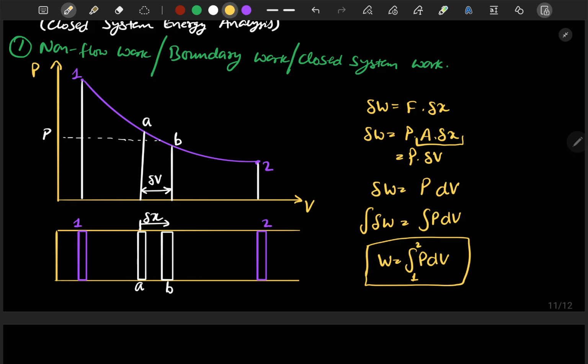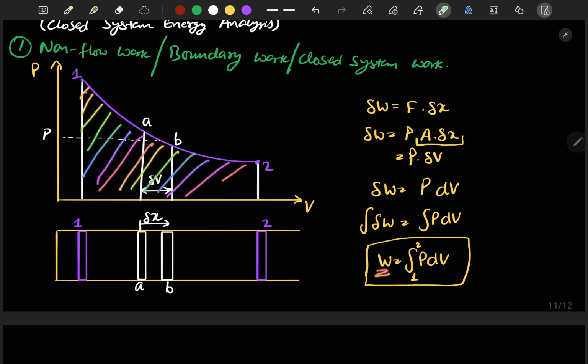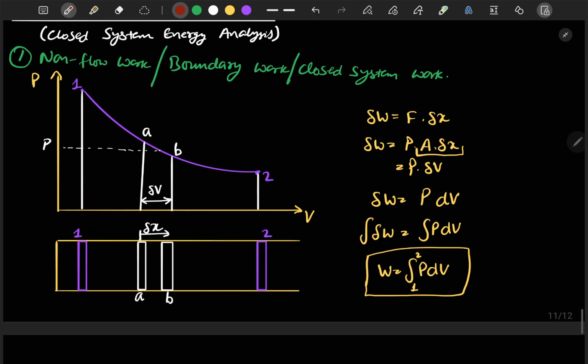Now let's see from the PV diagram that we have drawn here. This is the area under the curve, P dV. Now if we require total work, that is W, it is the integration of all such areas, that is, the area under the curve that we have drawn. Let me write a definition here.